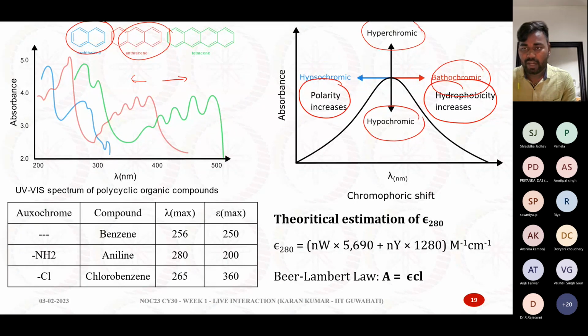Now hypsochromic is blue shift, which means the spectra will move towards the left side in UV spectra. Hypsochromic means lower region, lower wavelength, and lower wavelength means it will move towards blue light.